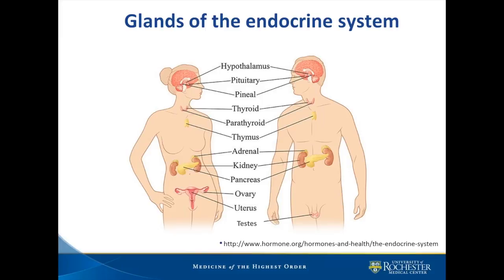And as you recall, historically, it was the testes, which are listed at the bottom of this slide, and decreased testicular size and function. That was one of the first things that was identified as an endocrine alteration back in the very early 1900s when the disease of myotonic dystrophy type 1 was first described.